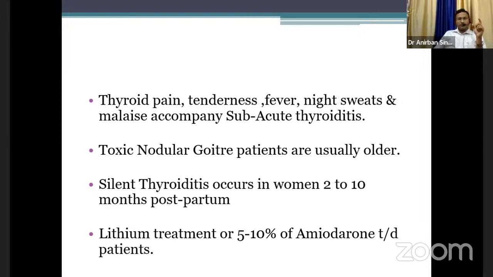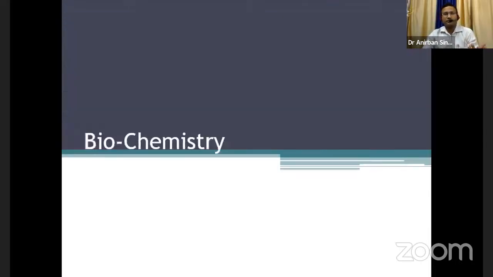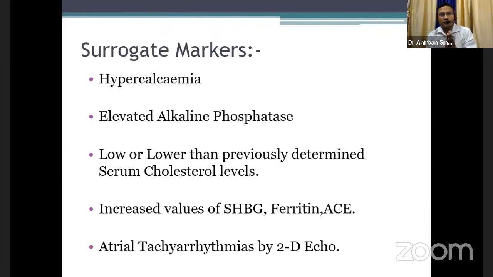Nodular goiter patients are usually older, with a toxic nodule in the thyroid, and the patient has a more indolent course, more gradual and with fewer symptoms. It can occur in postpartum women, postpartum silent thyroiditis. Also, we can see thyroiditis with treatment.